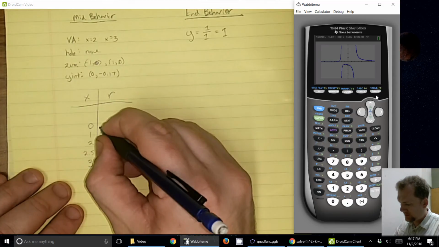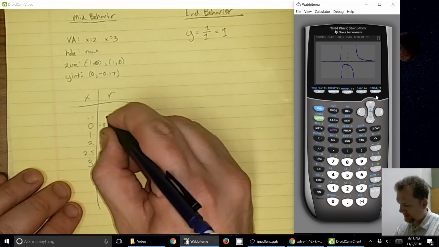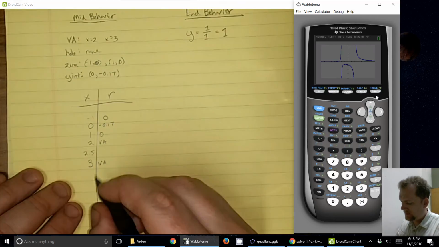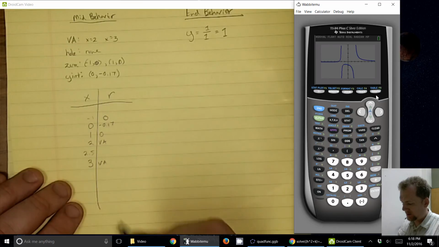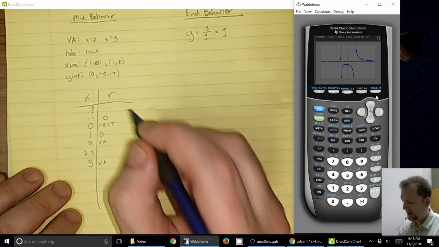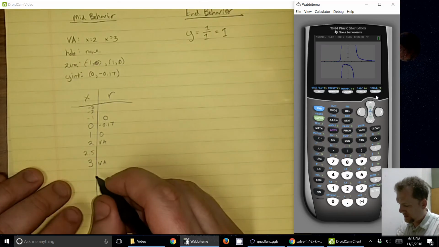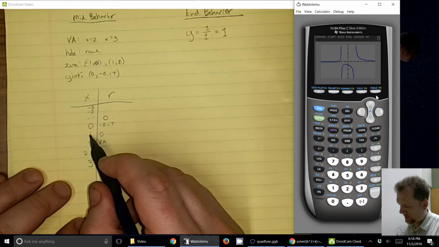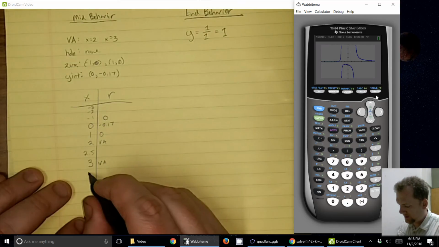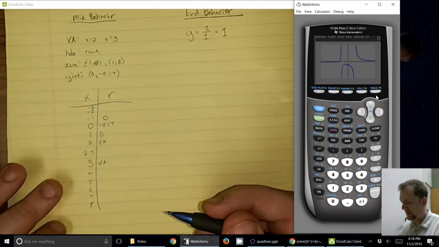This was our y-int. That's it. So let's go further out a bit to get some end behavior action there. So we want 1, 2, 3, 4, 5 out there. So I'll do 1, 2, 3, 4, 5 out that way.